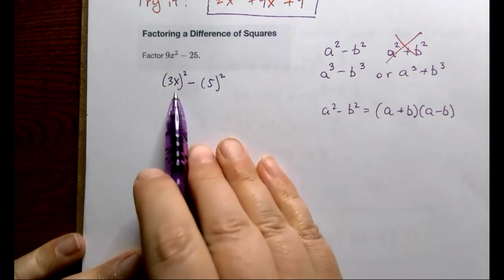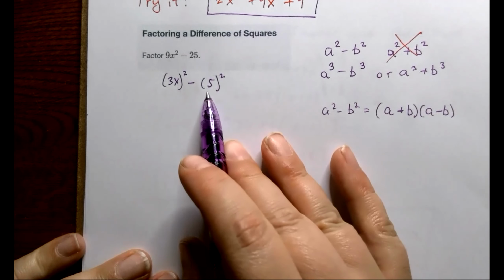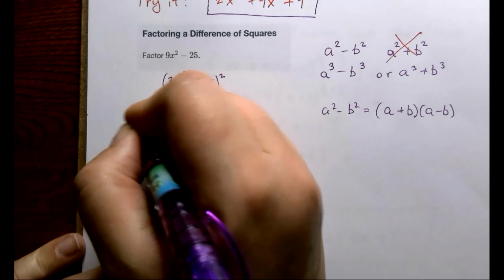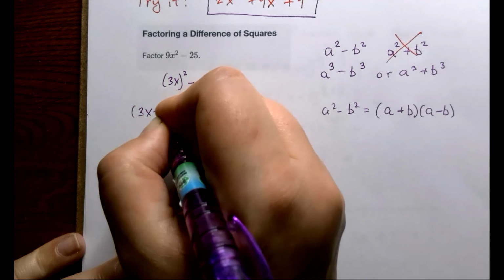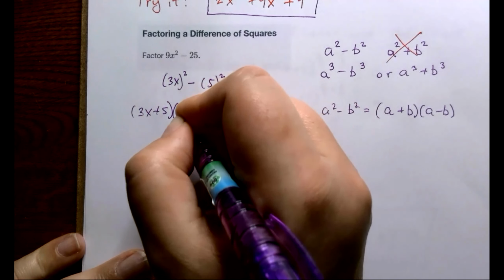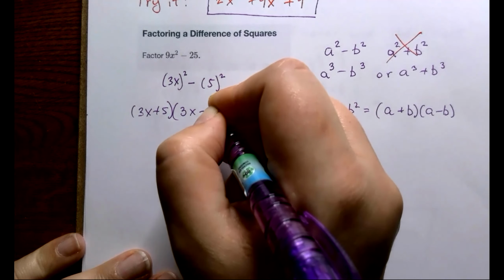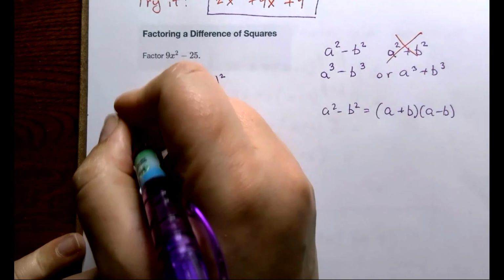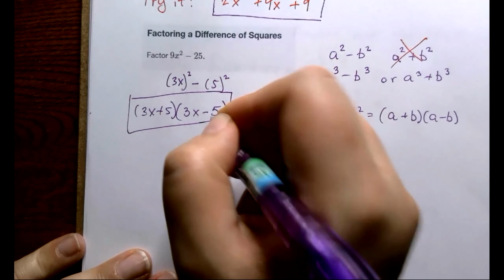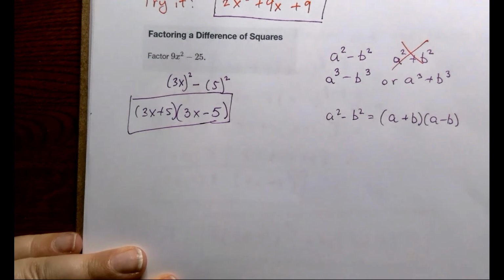In this case, my a is 3x and my b is 5. So that's going to be (3x plus 5) times (3x minus 5). And that's it. That's how you factor that.